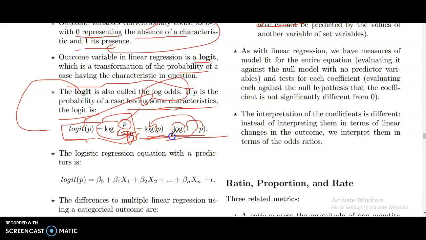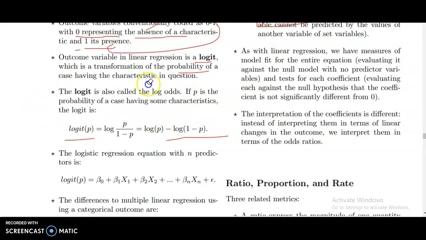Here is the total P, then this is cross multiplication. That's it: log P minus log of 1 minus P.